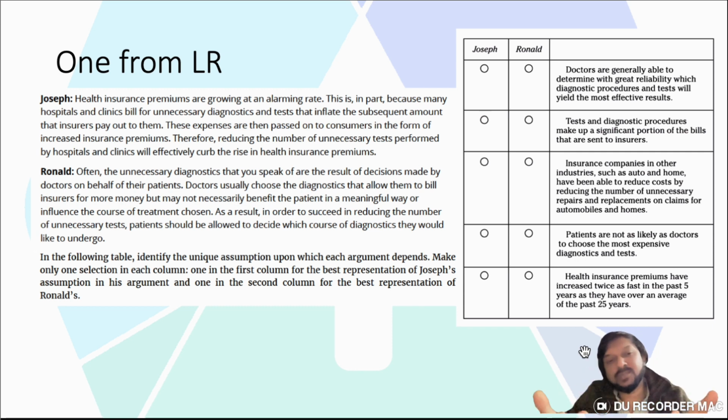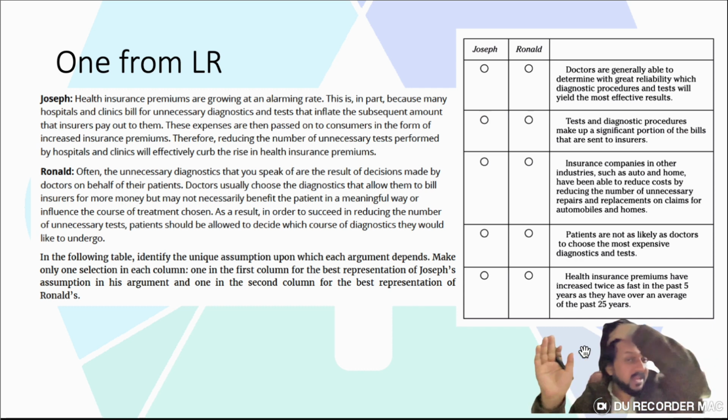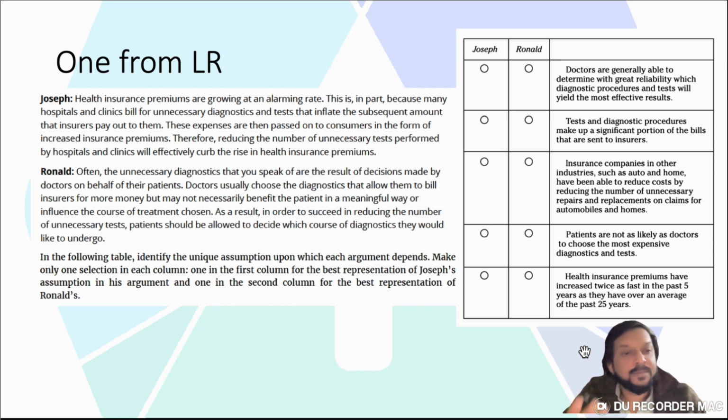Now how do I shortlist my answer? If you look at Joseph and if you read the whole story, Joseph does not talk about doctors at all. So therefore, the information given by Joseph is absolutely about health insurance premiums and clinics and hospitals billing for unnecessary diagnostics and tests.